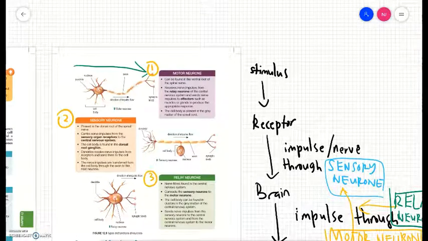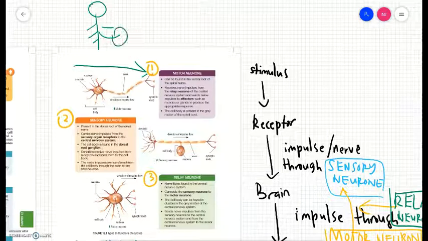This motor neuron can be found in the ventral root of spinal nerves. Remember, where are the spinal nerves? There is the brain and then the spinal cord. So branching out from the spinal cord is the spinal nerve. So that is where the motor neuron is located.